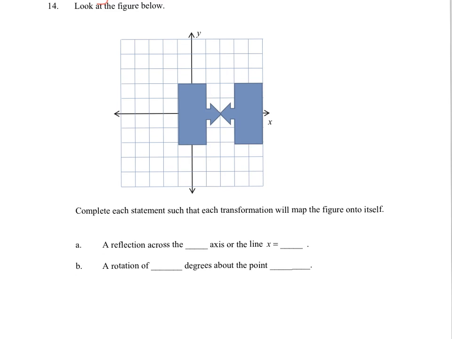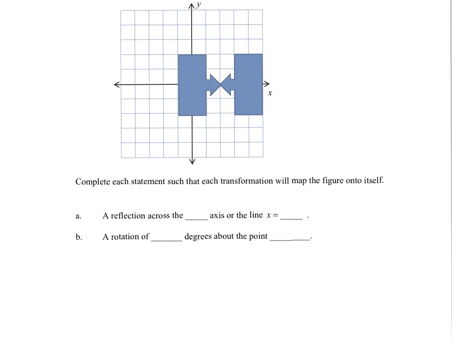Question 14 says, look at the figure below. Complete each statement such that each transformation will map the figure onto itself. Well, we've got a reflection across the blank axis or the line x equals 1. Hopefully you can see that if I reflected my figure across the x-axis, I would get the exact same figure again. So we know that we're going to reflect across the x-axis.